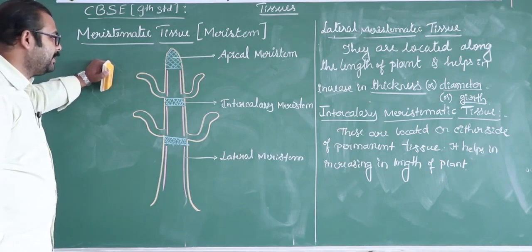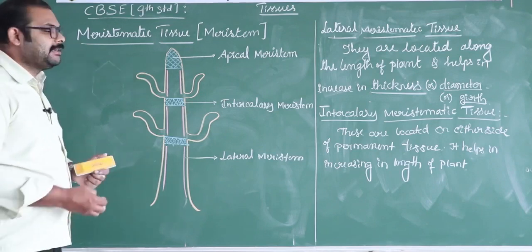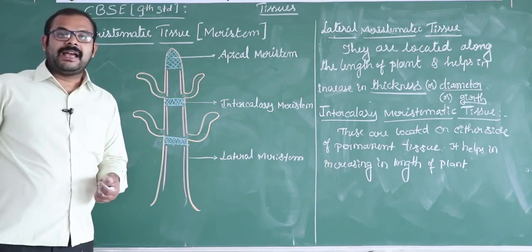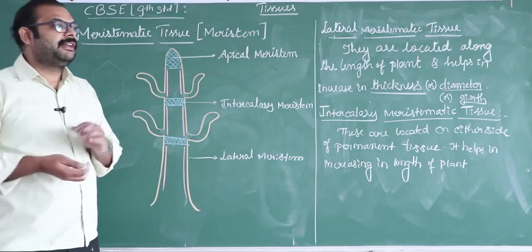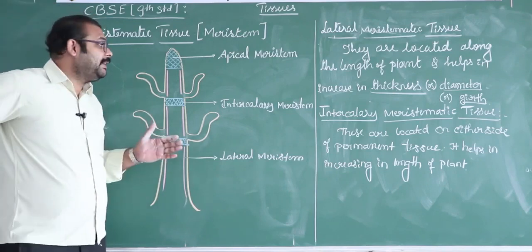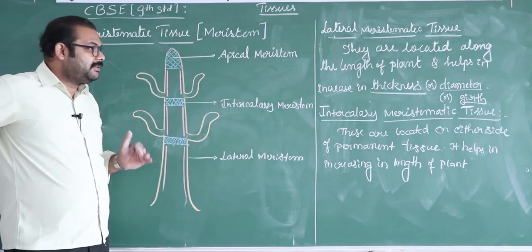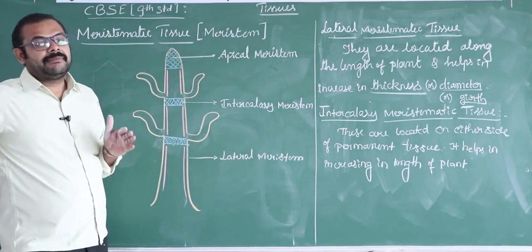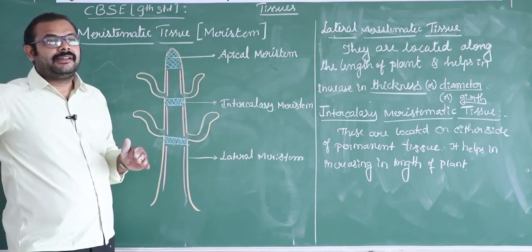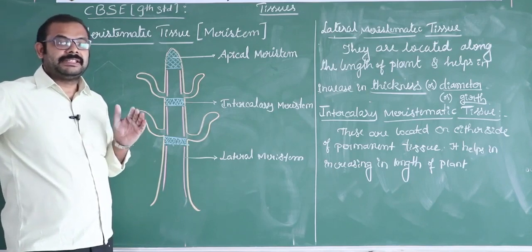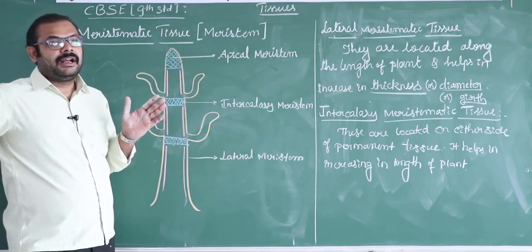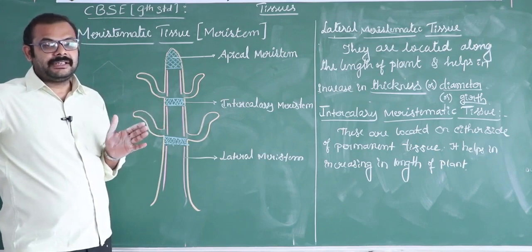As I explained, the apical meristematic tissues have the capacity to undergo many repeated divisions, and ultimately they produce a large number of cells. Those cells later attain a definite shape and structure, and undergo different functions.